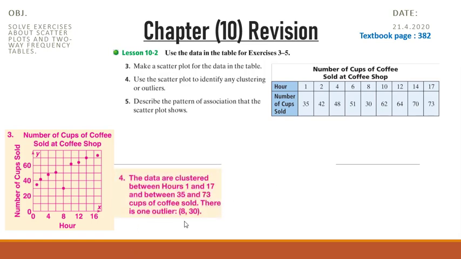So the data are clustered between hours 1 and 17 and between 35 and 73 cups of coffee sold. There is one outlier, which is 8 and 30. Great, Ahmed, thank you.